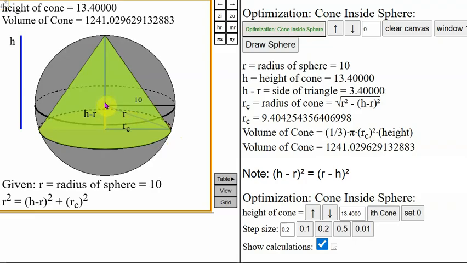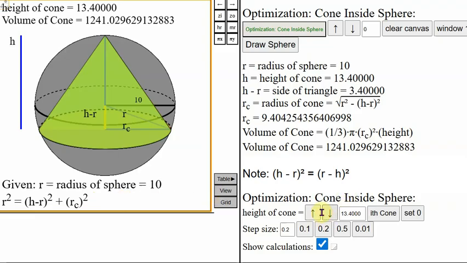If we look at this right triangle, this is the radius of the cone. From this right triangle, we can see that r squared is equal to (h minus r) squared plus r sub c, the radius of the cone, squared.